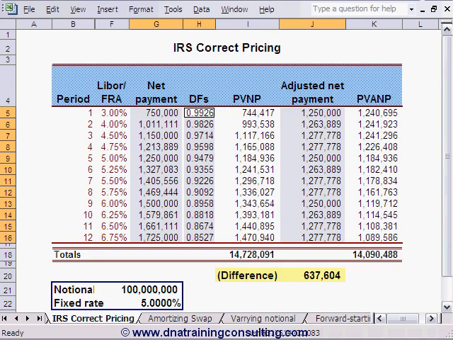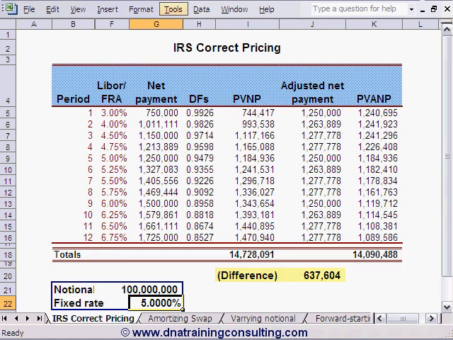GoalSeek once again enables us to calculate the swap rate correctly on this worksheet, which for now has been incorrectly set at the 5% rate as we did in the previous worksheet.